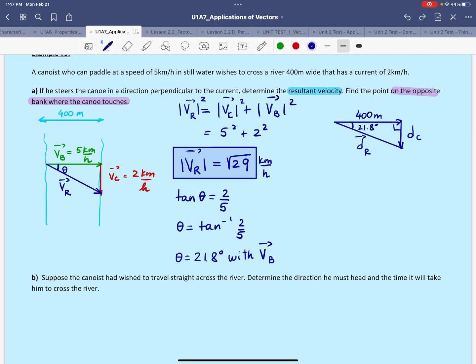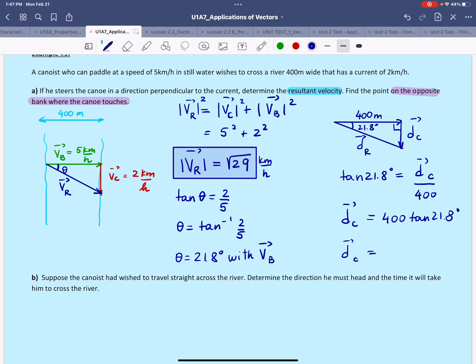So this suggests the use of the tan ratio. So we'll say that tan of 21.8 degrees would be equal to the displacement caused by the current divided by 400. So the displacement caused by the current will be equal to 400 tan 21.8 degrees.